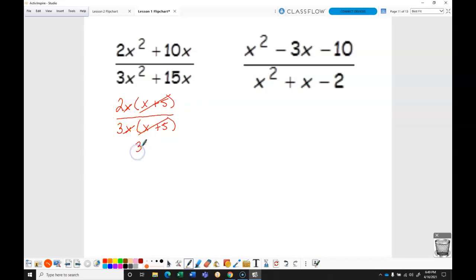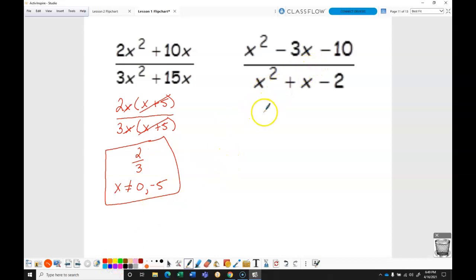So we really just end up with the fraction 2/3. But we have to go back up here and count the zeros of each factor. I have to look at the 3x, so that would tell me that x could not equal 0. And then the x plus 5 would say it can't equal negative 5.